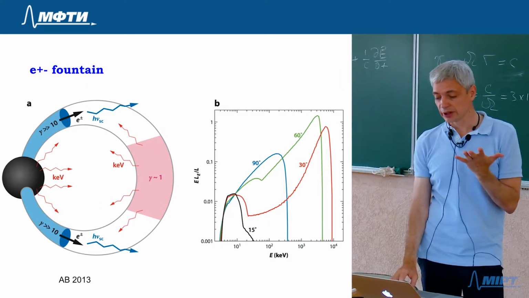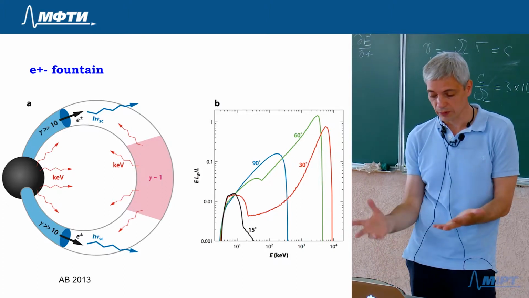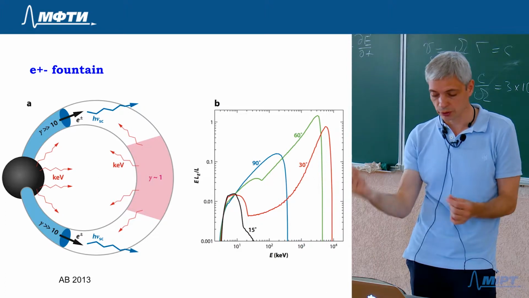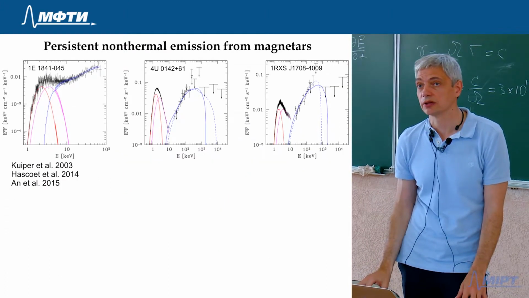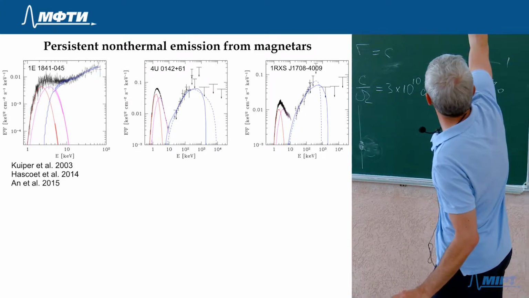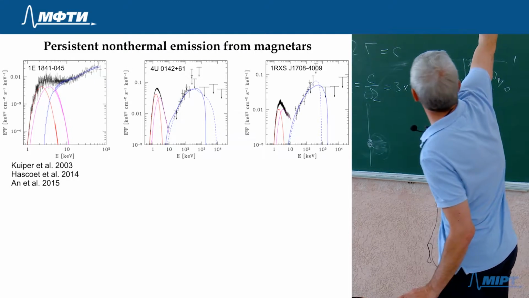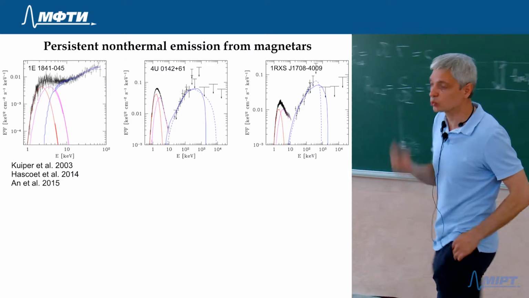So you have this little prediction, which is quite simple, again, simply because you know the Lorentz factor, and you can compare it with the data. In the end, what you want to explain is the spectra, like in the middle here in particular, or here on the right. Remember I told you and showed some data that magnetars have 2 component spectra.